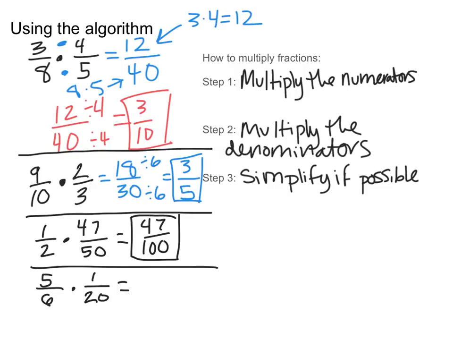Hopefully you got 5/120ths from that. Now, can 5/120ths be simplified? I think it can, because 120 is a multiple of 5. So I can divide numerator and denominator by 5, and it'll give me 1/24.